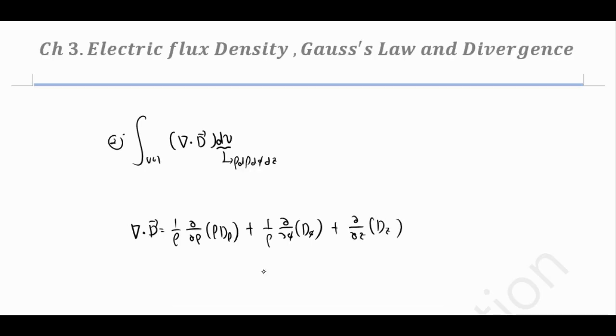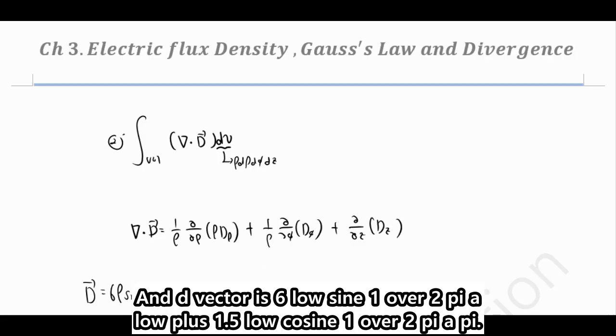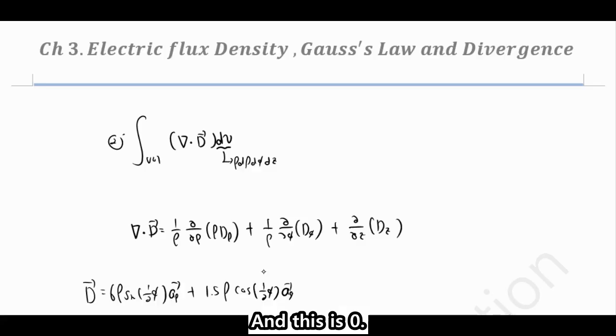And D is 6 rho sine(1/2 phi) a_rho plus 1.5 rho cosine(1/2 phi) a_phi, and the z component is 0.